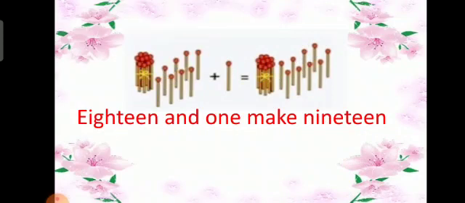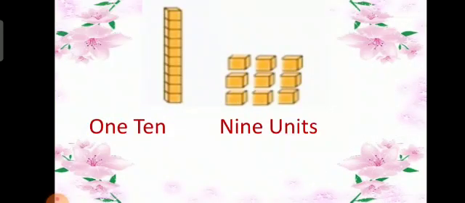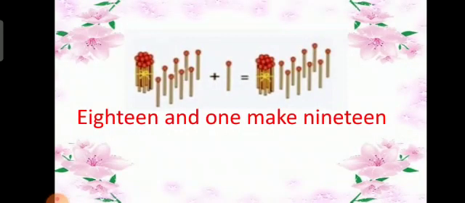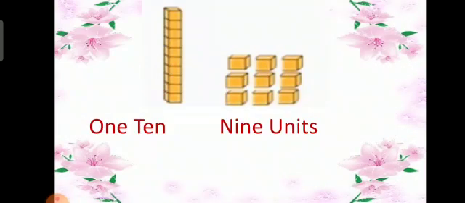Here 18 matchsticks, and we add one more matchstick, so together it becomes 19. In 19 we have 1 ten and 9 units in the houses. 1 ten and 9 units is equal to 19.